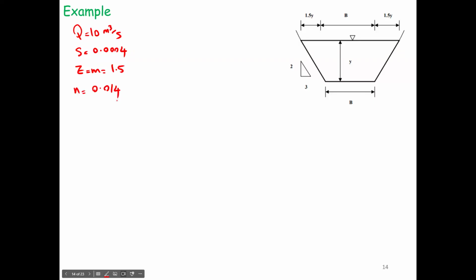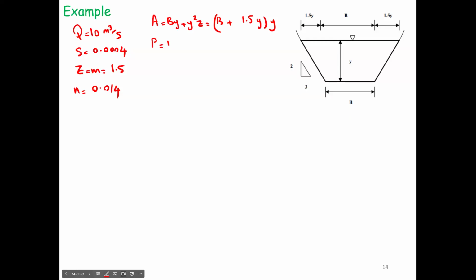For this question, I cannot go for the previous method, where I write B and Y related together. So I should start from scratch and differentiate P over Y. So area is BY plus Y squared Z, which is B plus, instead of Z, I will write this one, multiplied by 1.